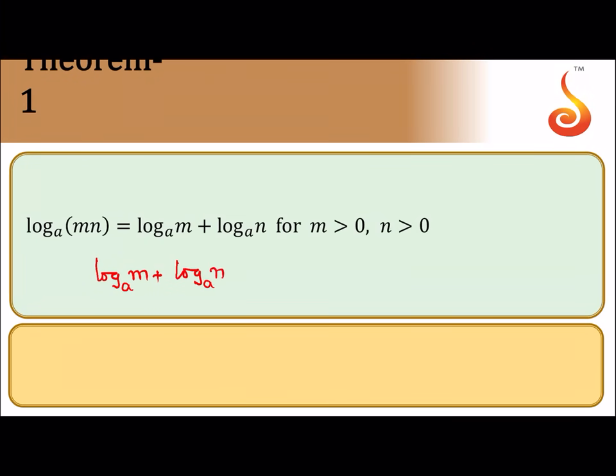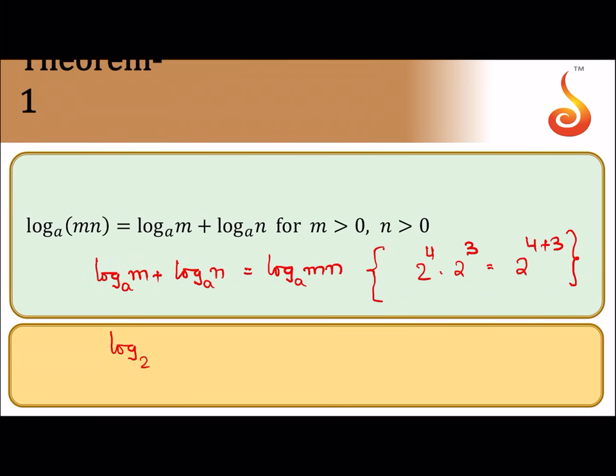Now let us do some theorems. Here, log base a of m plus log base a of n equal to log base a of mn. It means how it came. 2 to the power 4 into 2 to the power 3 is 2 to the power 4 plus 3.